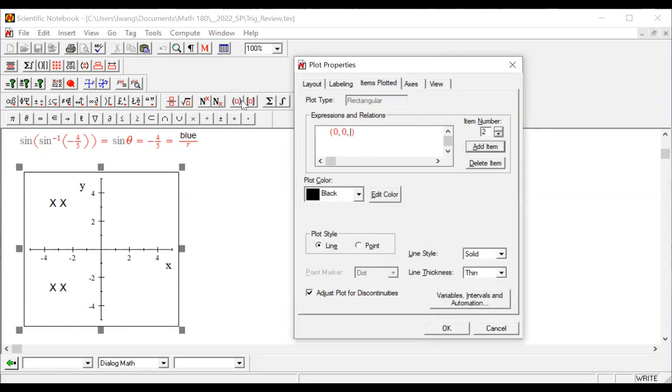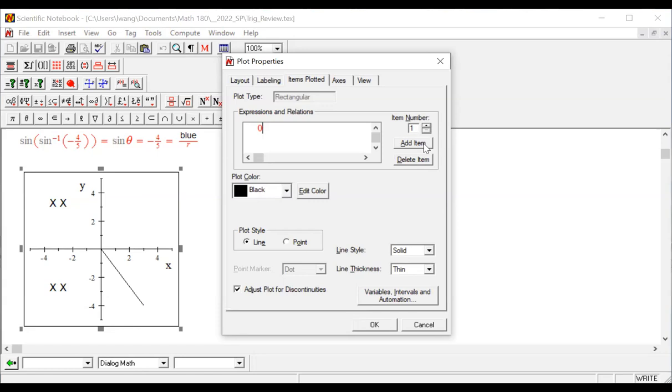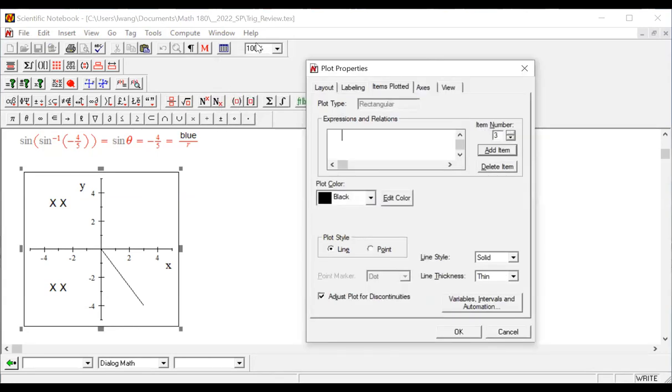So this is 3, negative 4, that's the terminal. And what is the red, what is the blue? Let's draw the red.